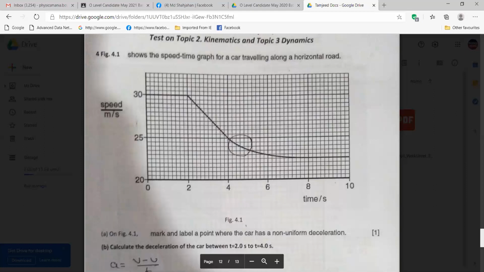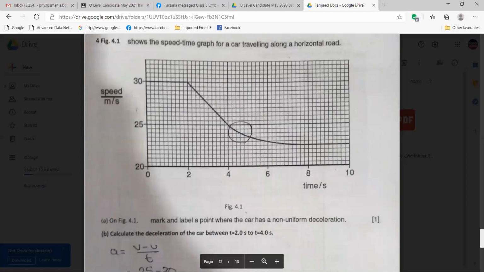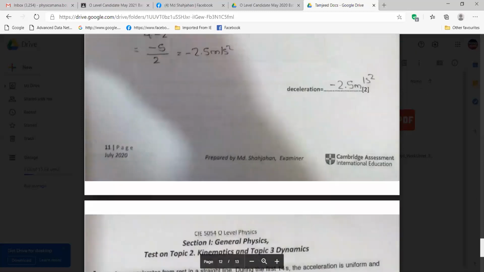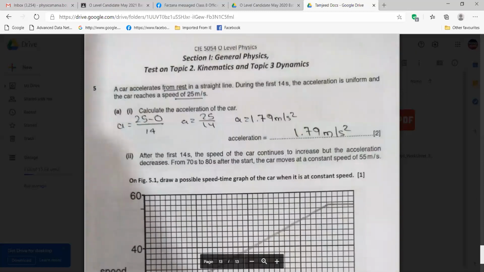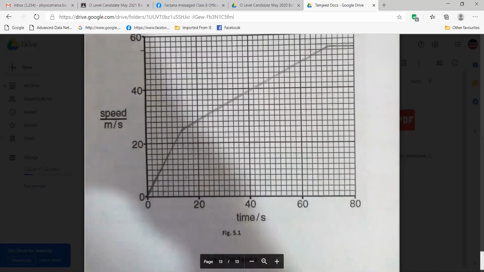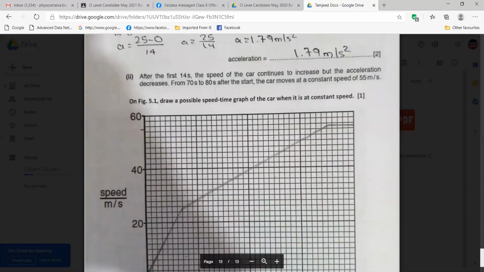So you label it with one line and write non-uniform deceleration. Here another thing, you did all the things in the graph.